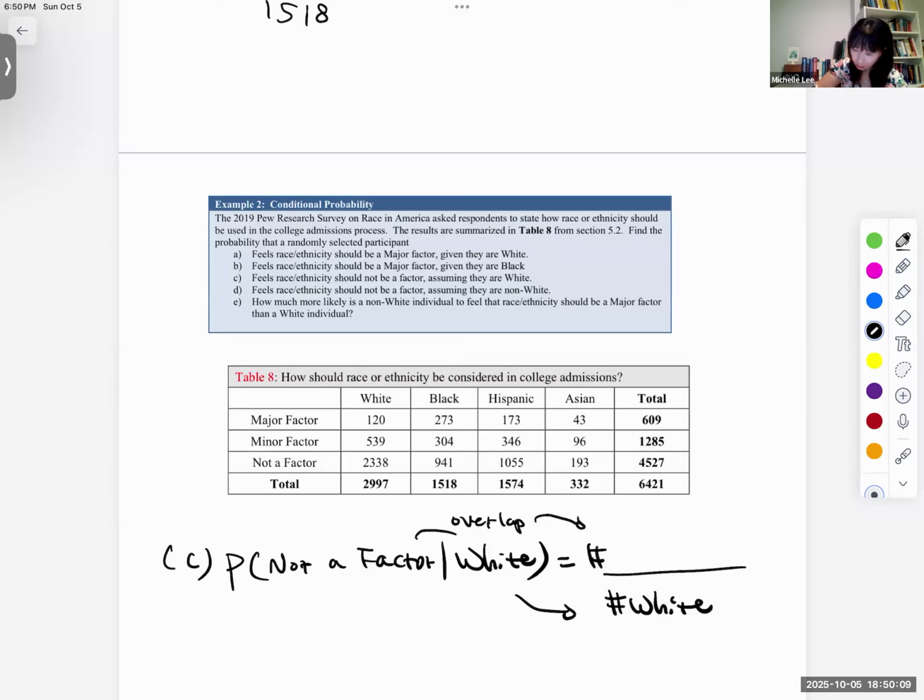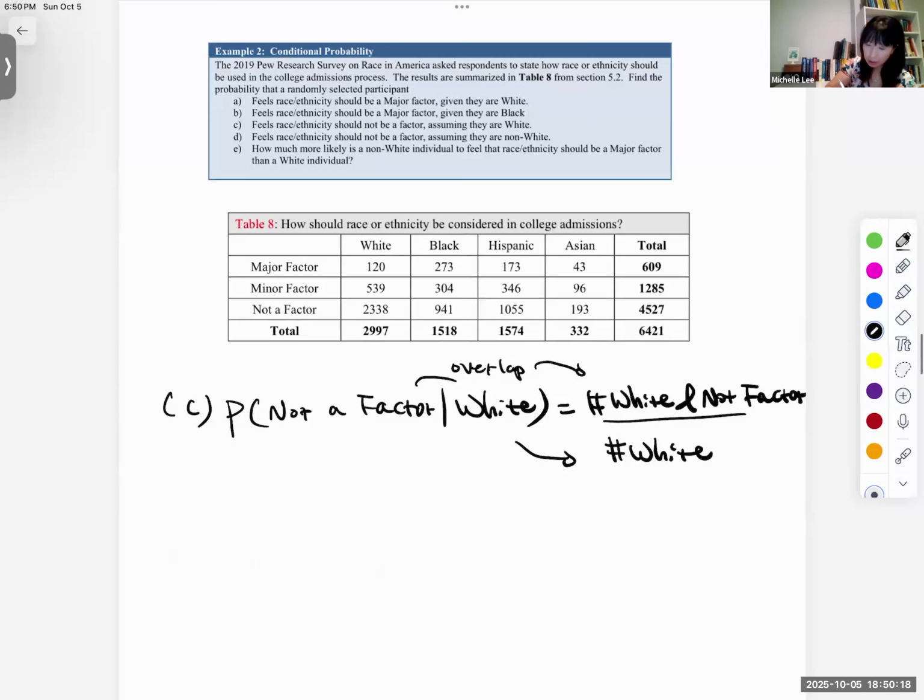So number of white and not a factor, right? Okay, then one number for white. So white is here, 2997. And white and not a factor.